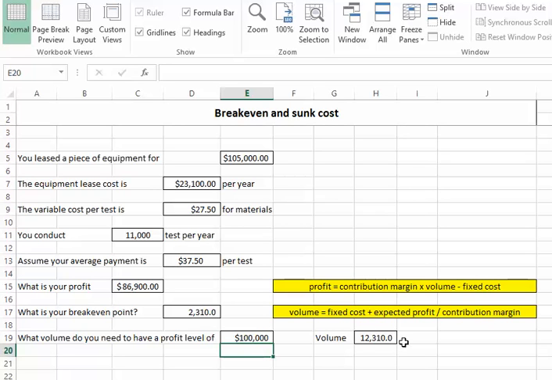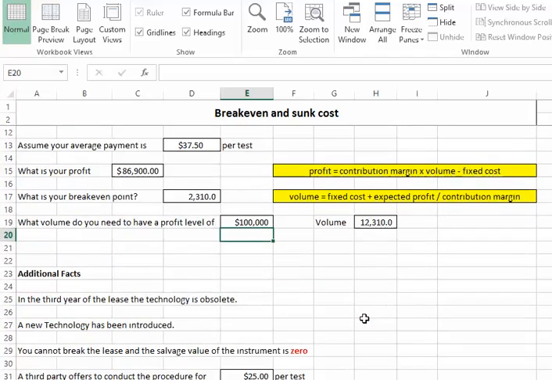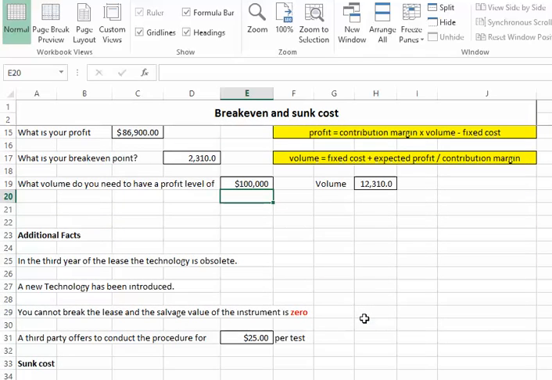Now, I'm going to introduce something a little bit different, and that is related to sunk cost. Let's consider some additional facts. The additional fact is that the lease is a 5-year lease. In the 3rd year of the lease, because of technology changes, our piece of equipment is obsolete.